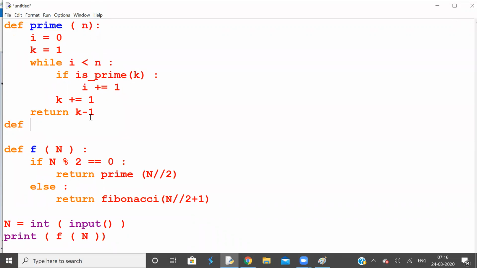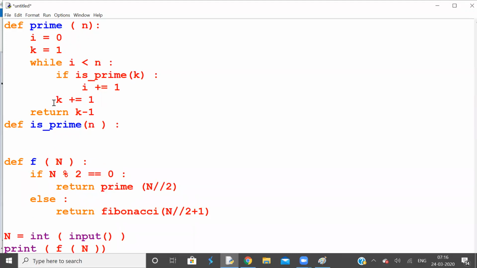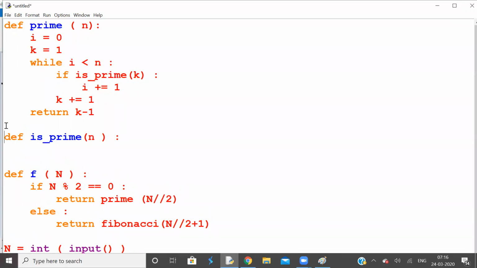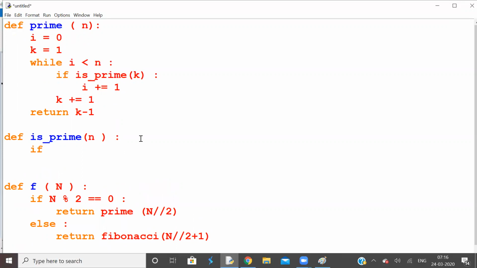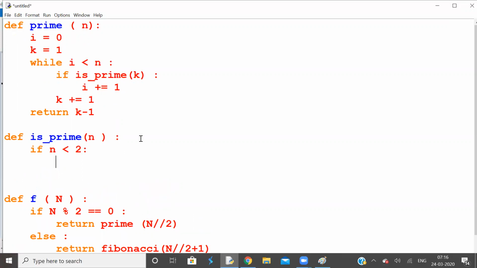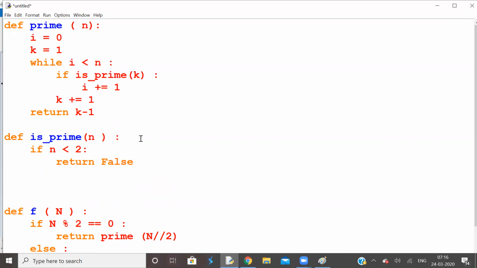Define is prime, because is prime is required for define prime. Say, if n is less than 2, return false. Otherwise, start with i as 2.